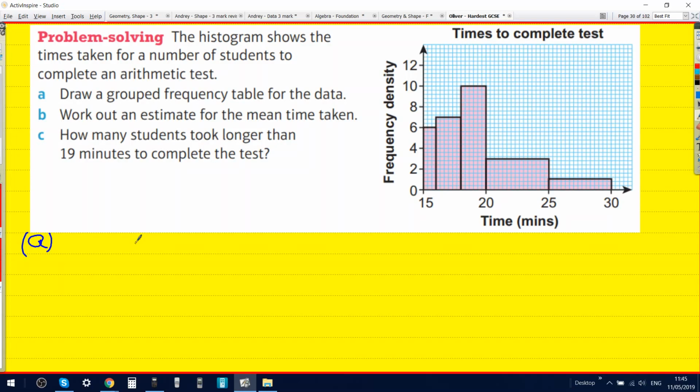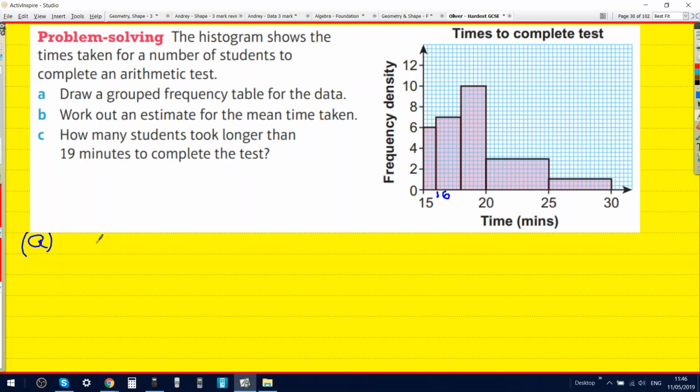Well, no. What's that? My guess is it's 16. Yeah. And so 15 to 16. 1 times 6 is 6.